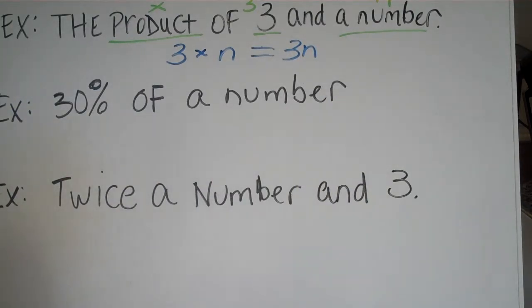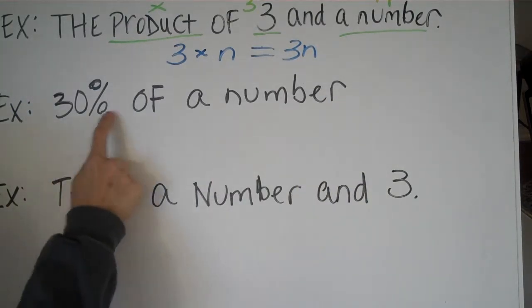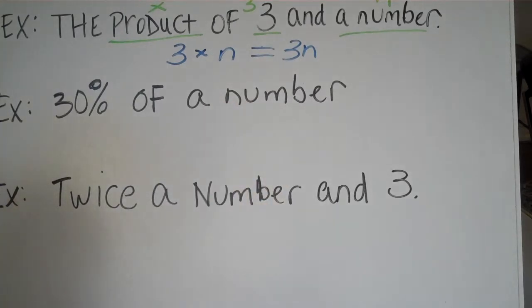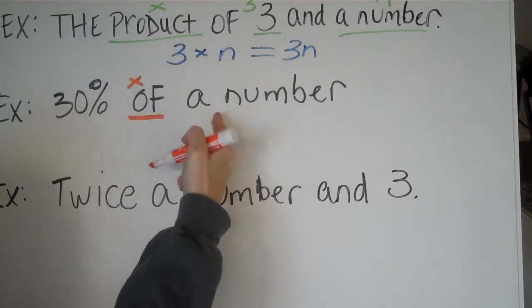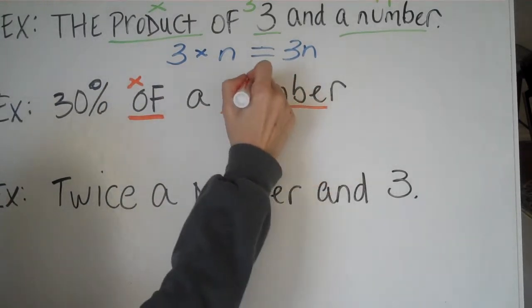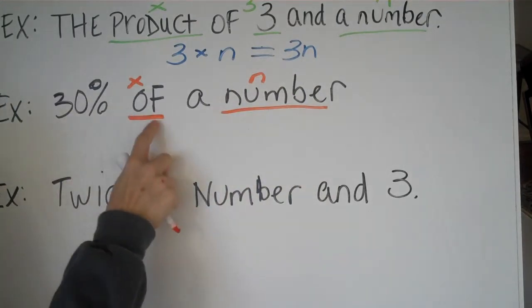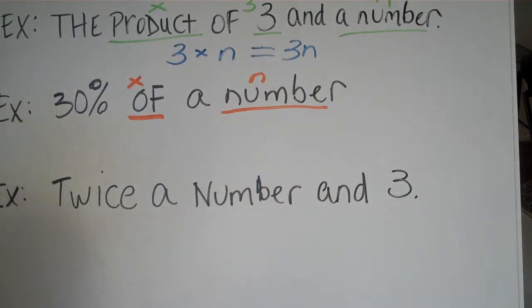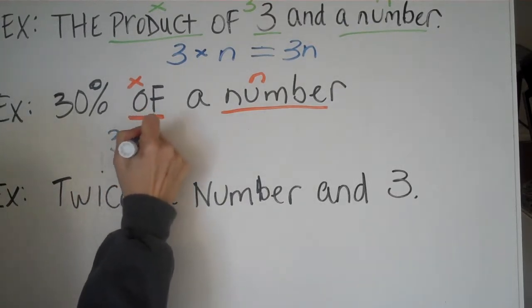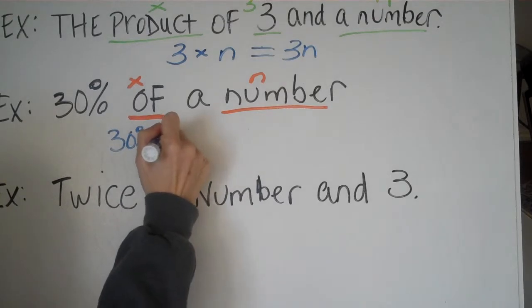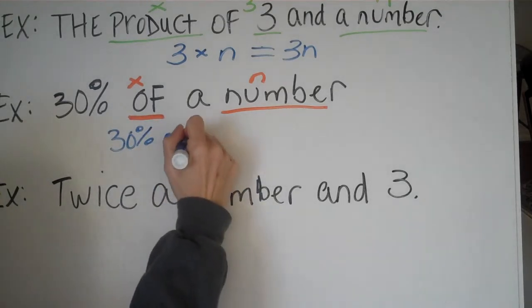Okay, this one you should definitely know. 30% of a number. Well, of, we know, is for sure multiplication. A number, that's n. We did this when we were doing discounts, right? That simply means 30% times, I'm going to do the dot, n.